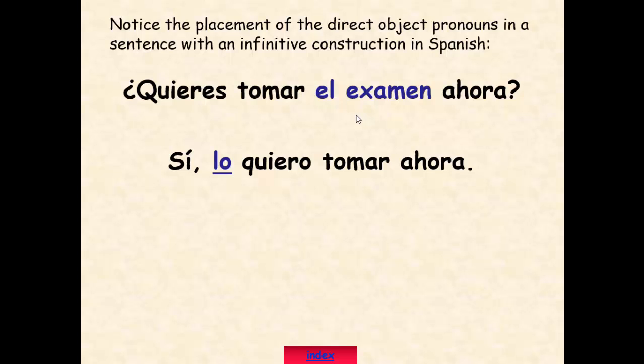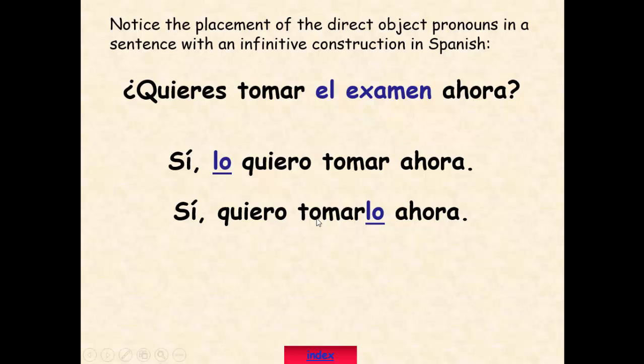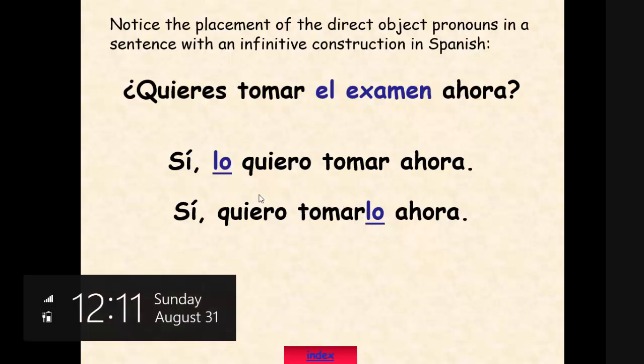You can say, sí, lo quiero tomar ahora. Yes, I want to take it now. Or another construction is, sí, quiero tomarlo ahora. Yes, I want to take it now. Notice that when you translate it to English, the second makes a little more sense. The first sentence, yes, it, I want to take now, doesn't make sense to our English ears.